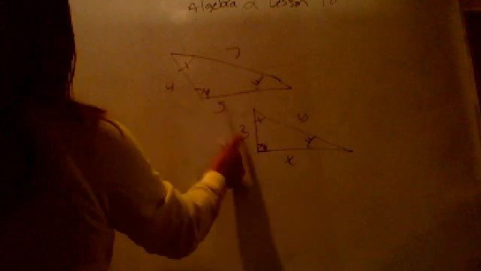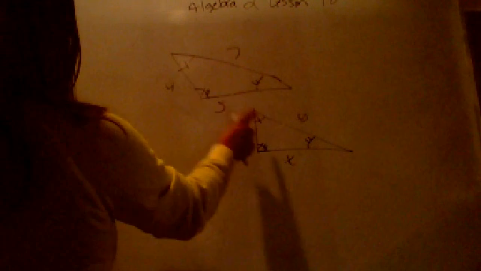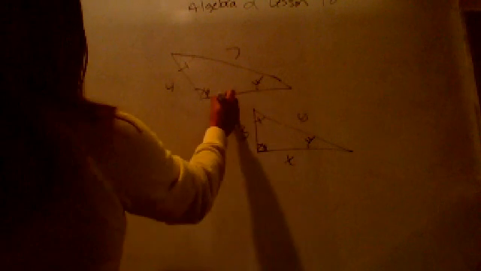The tick marks tell us those angles are the same, so these two sides are proportional. These are the same, so these two are proportional. This and this are the same, so the opposite sides, 5 and x, are proportional.